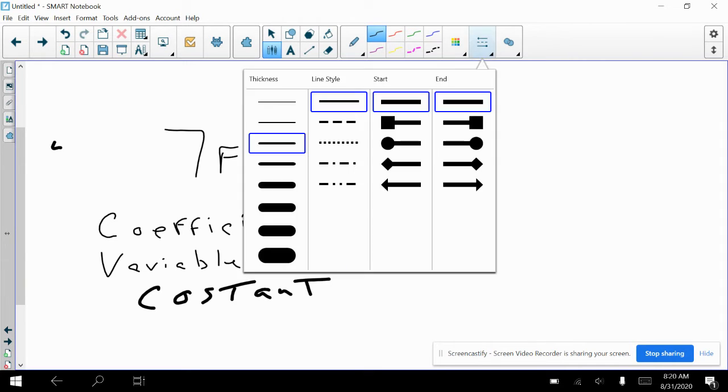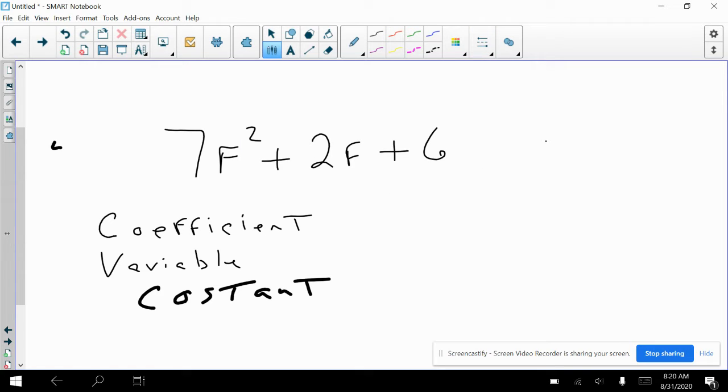I have no idea why that changed on me. Maybe it won't this time. And then we have something called a term. Coefficient, variable, constant, sorry. C-O-N-S-T-A-N-T.